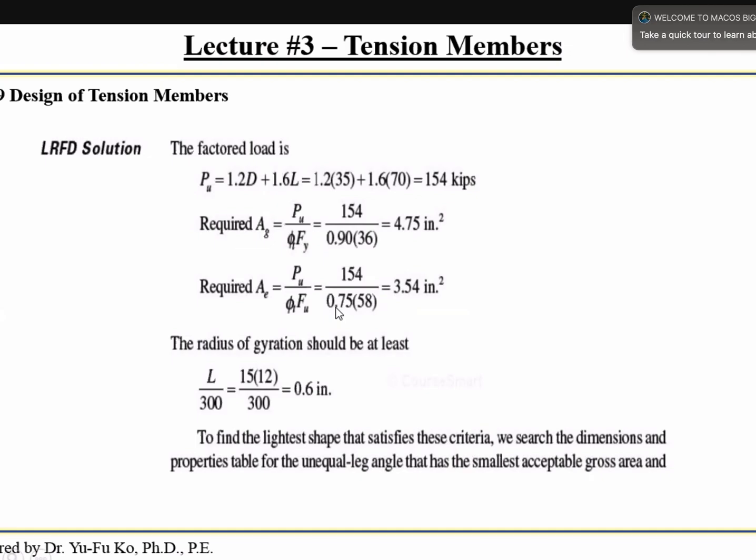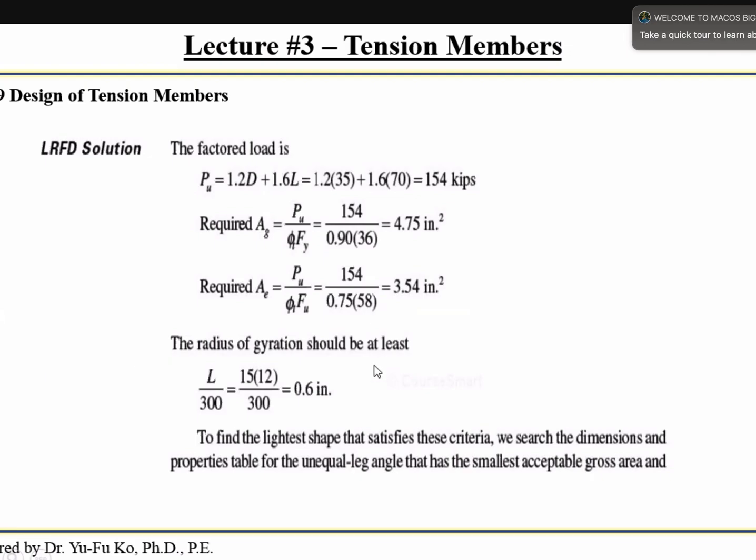So it's 0.75 times 58. So based on yielding, your gross area minimum is 4.75 inch square. Your effective area minimum is 3.54 inch square. So these are the two areas, the criteria to pick your cross-section area.